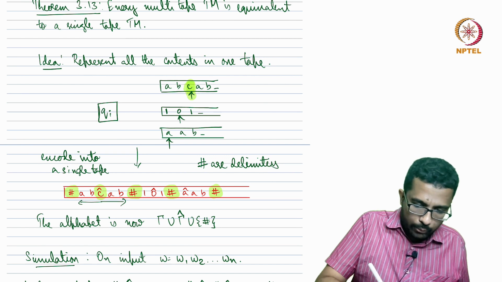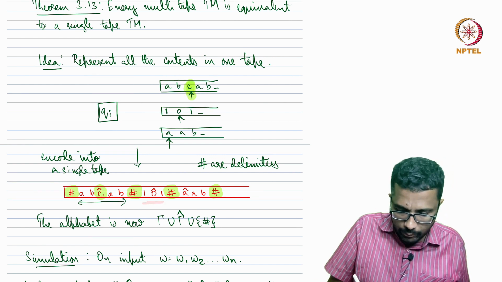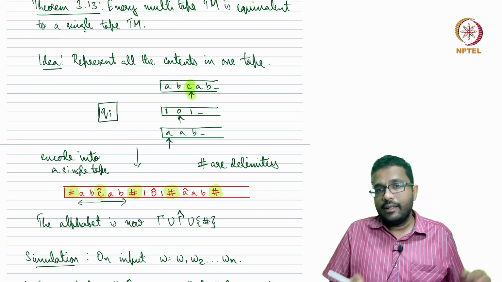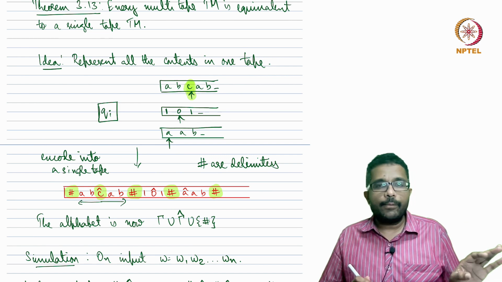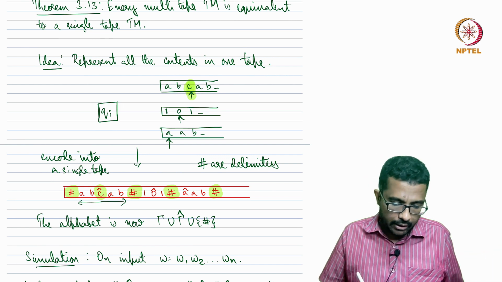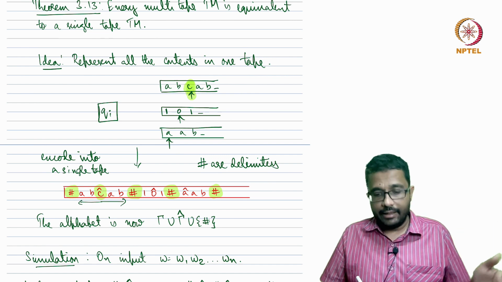Similarly, we have one symbol with a hat in the second tape, which is a 0, and one symbol with the hat in the third tape, which is the first A. So now our alphabet size has at least doubled, because I need all the original alphabet, which is gamma.